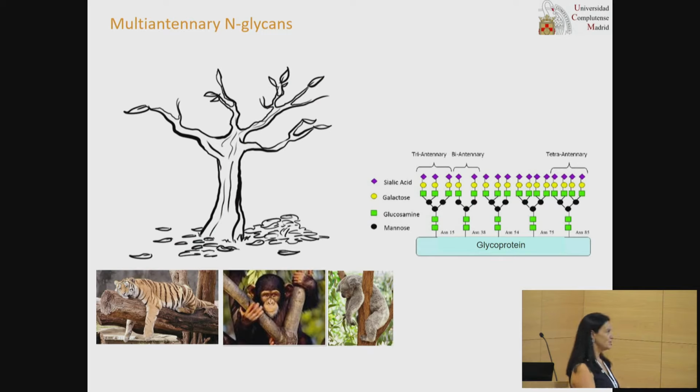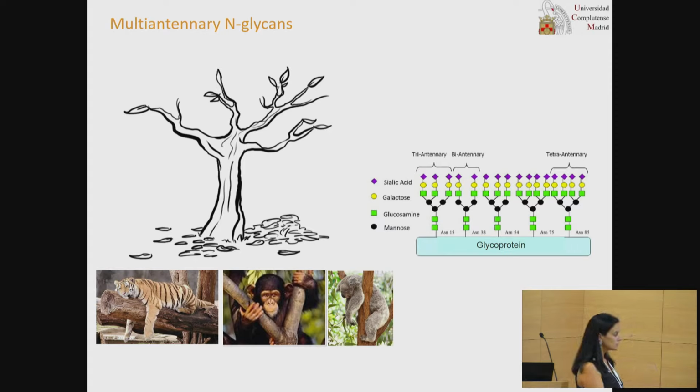And now I'm going to move to the second line. I hope you don't look like this now, a bit at the end, but this is important because we are very complex. We not only have biantennary structures, we have triantennary, tetraantennary, and even more complex structures.